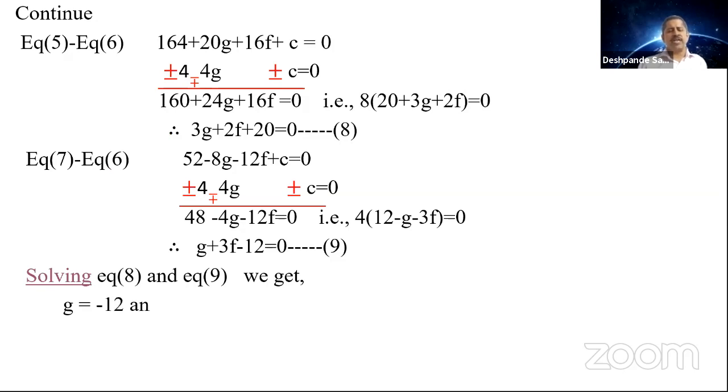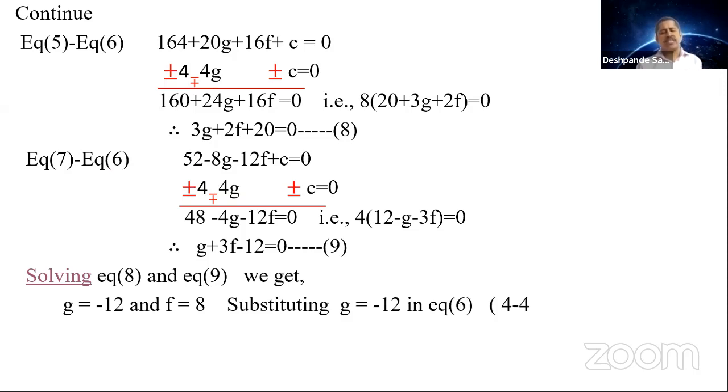After getting the value of g and f, what is the next thing you do? You're going to find the value of c. So substitute the value of g and f in any of the three equations, 6, 7, 8. So here you've taken equation 6. Equation 6 is having only c. So 4 minus 4g plus c is equal to 0 was equation 6.